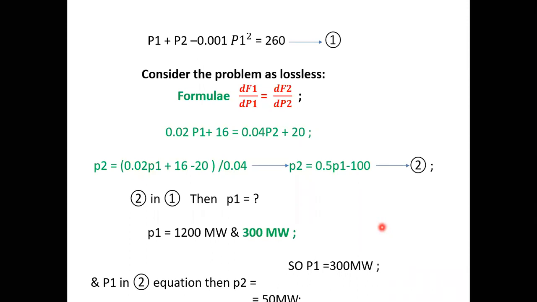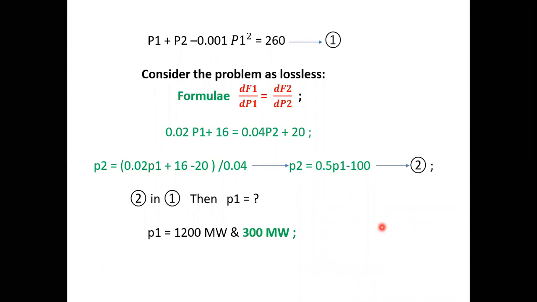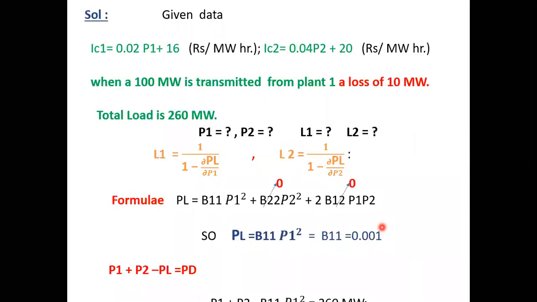Then one person is asking, how did we get the first equation? Then let's go back to the previous slide. Just observe here, this is nothing but a loss expression, which is given by PL equal to B11 P1 square plus B22 P2 square plus 2 into B12 into P1 P2. Already I told you that in this case, the load is very near to the second power plant. So there is no transmission line necessity between power plant 2 and the load.